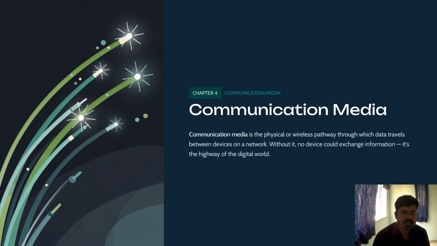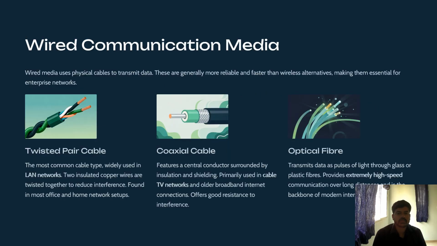Now the question is, how does data travel between client and server? Through communication media, the path through which data moves. It is divided into two types. So let's talk about what are the types of communication media. The first one is wired media.